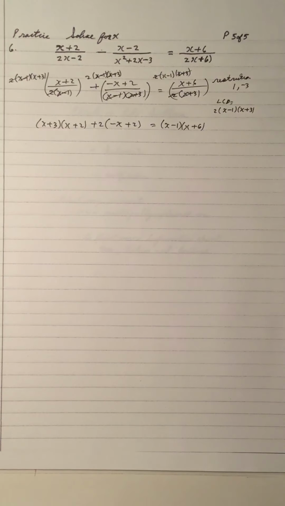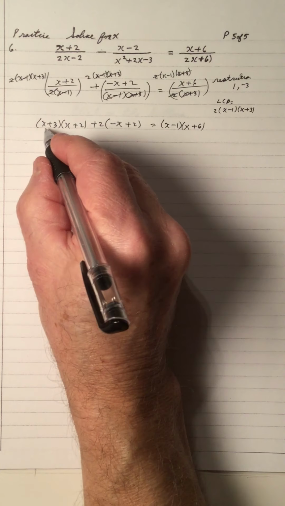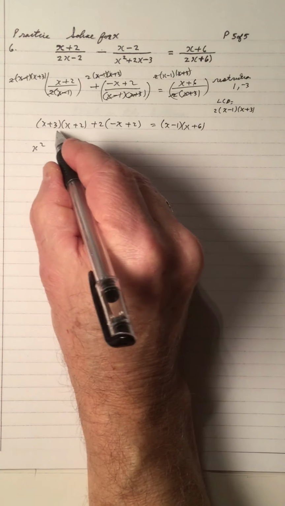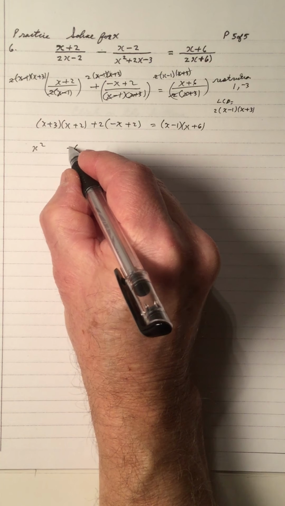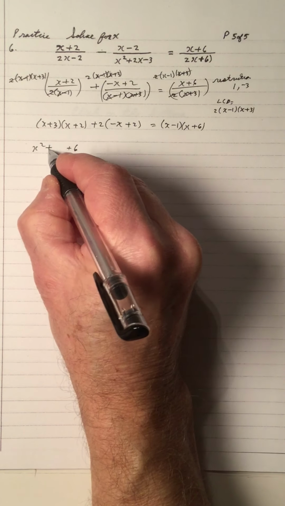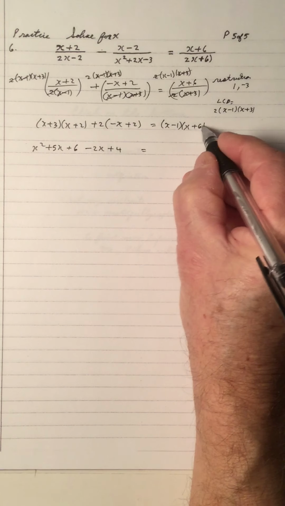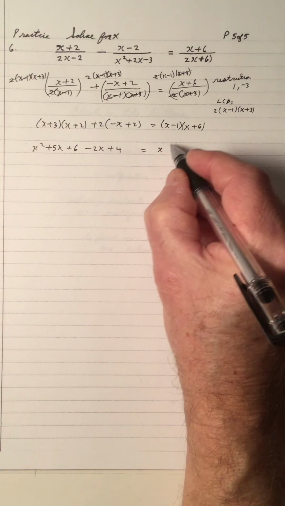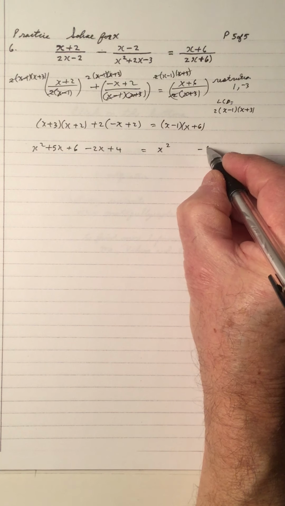Now I multiply these. You can see it. So x times x is x squared. 3 times 2 is 6. And the outside is 2. Inside is 3. So that's a 5x. And I get negative 2x plus 4. A FOIL here again. First 2 is x squared. Last 2 is negative 6.